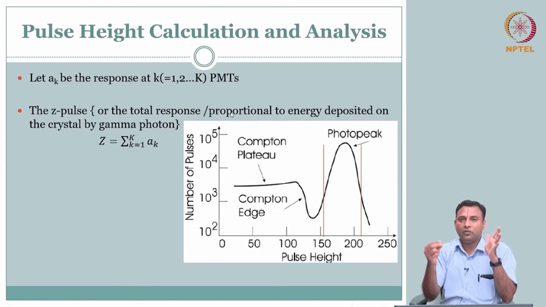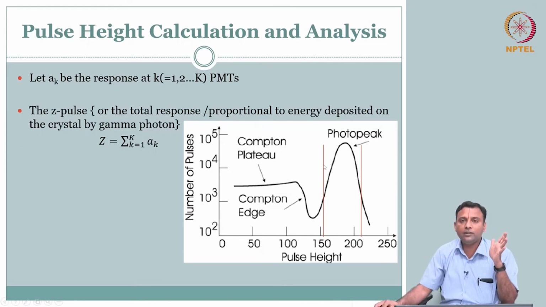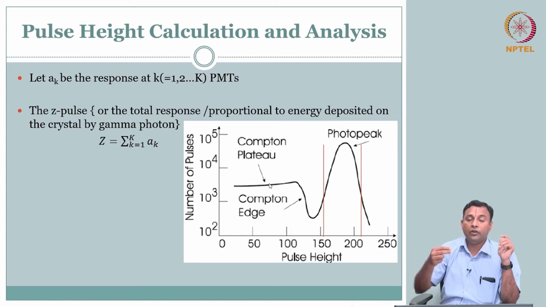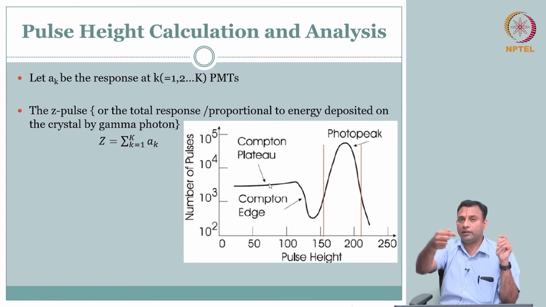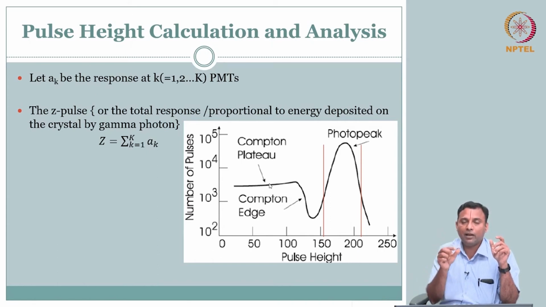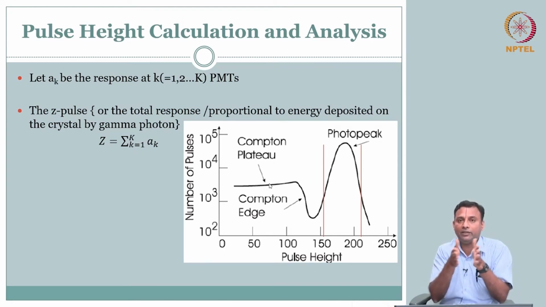When you add, you also get energies that are low. When do you get low energies? When you do not have the actual gamma photon released by your radiotracer. When this gamma interacts with the crystal, there could be Compton scattering.